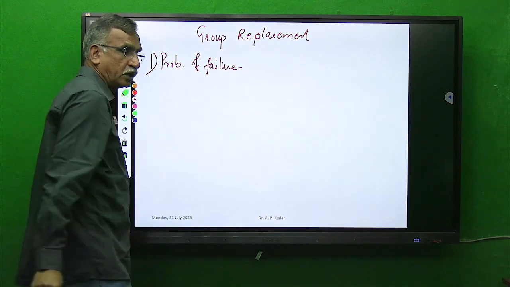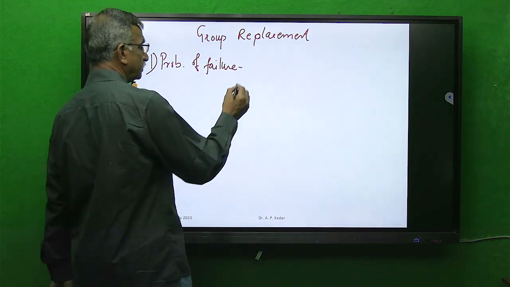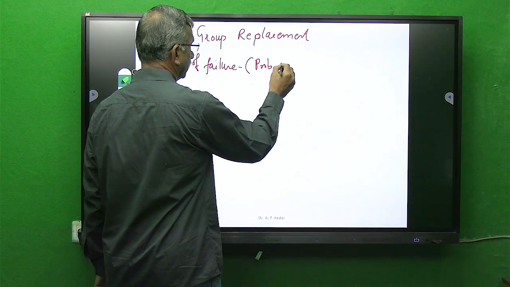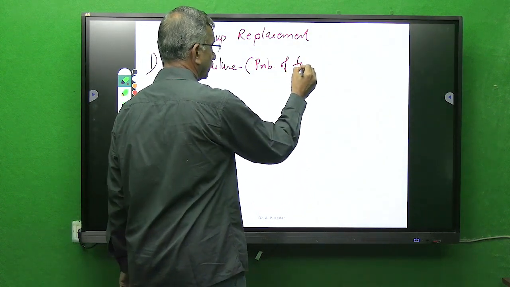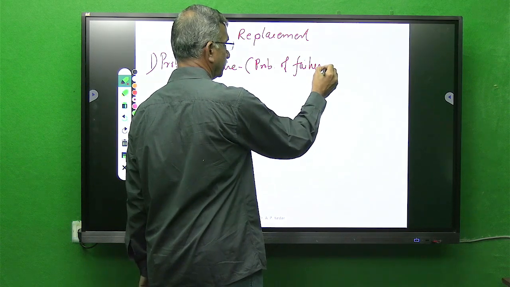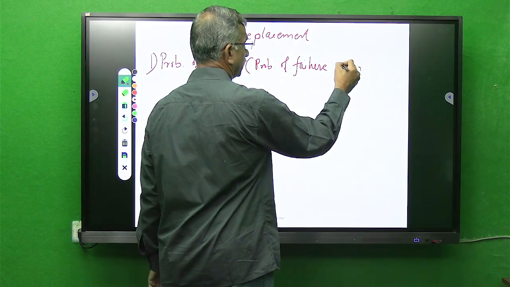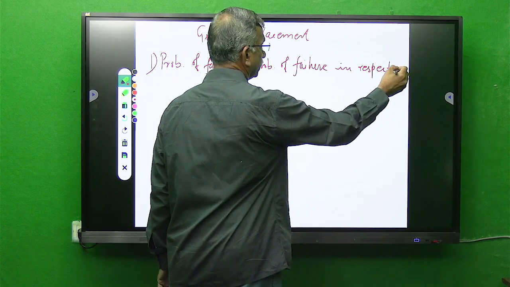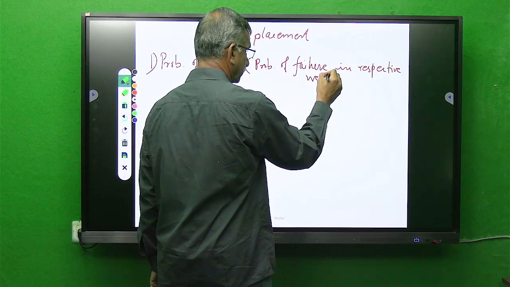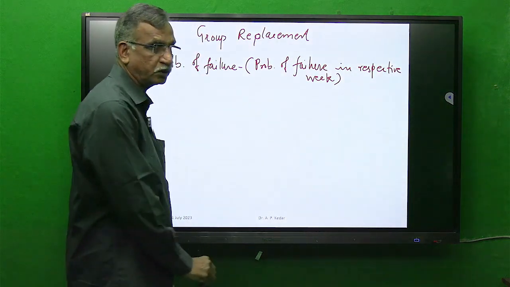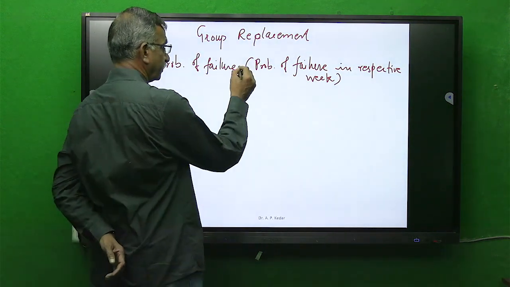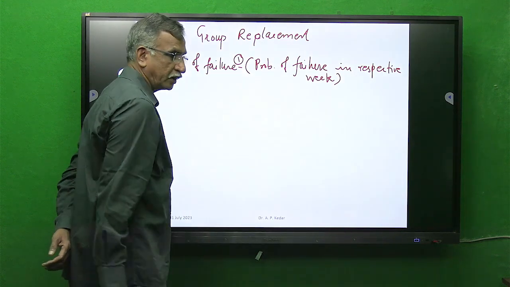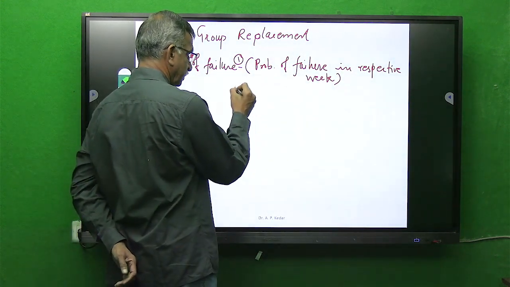What we want for analysis is the probability of failure in the respective week. We have seen three cases. This was the first case, where data may be given like this.